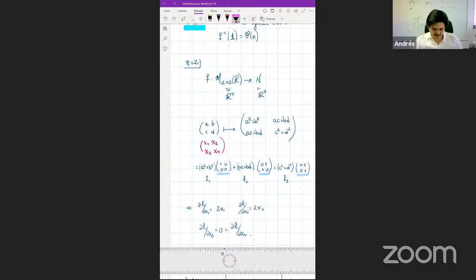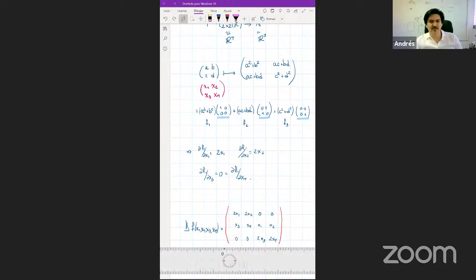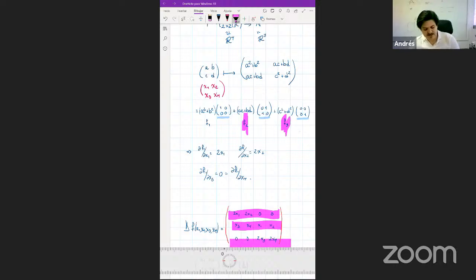So in that way, I get the Jacobian that looks like this. This is what I have computed, but you can look at F2 and F3 and compute the other two rows.